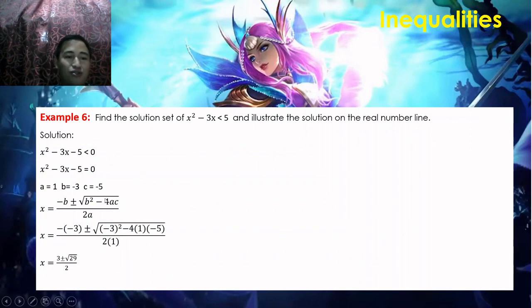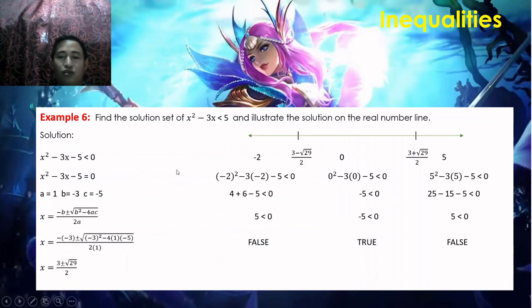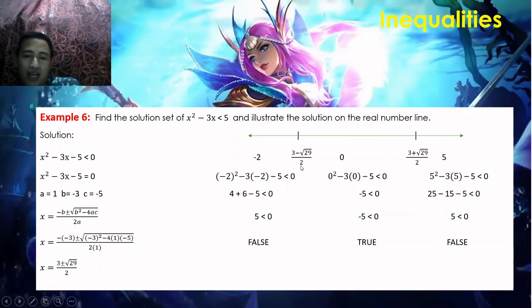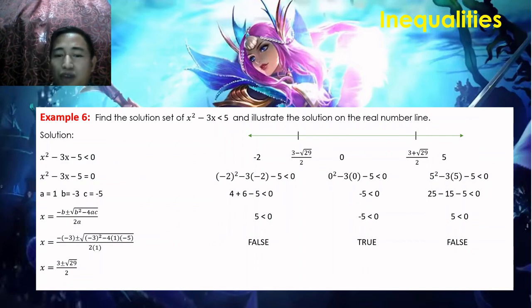But now we need to find where it is true. So we have 3 minus the square root of 29 over 2, and then 3 plus the square root of 29 over 2, since it is plus or minus. Why did we get test points? 3 minus the square root of 29 is in between 5 and 6, because the square root of 25 is 5 and the square root of 36 is 6.